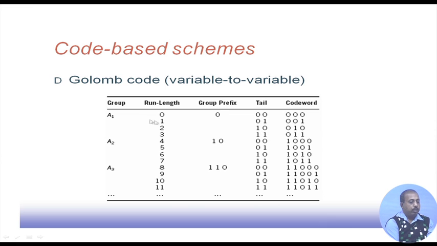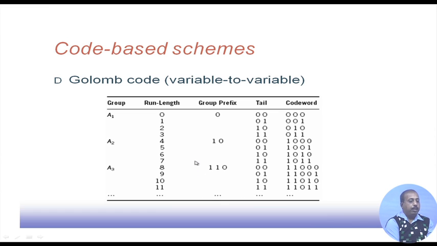So, the run length of 0 is finally coded as the group prefix followed by the tail: 000. Similarly, run length of 1 is coded as 001. Run length of 3 is coded as prefix 0 and tail 11, so 011. When you go for larger run lengths, you see there are lots of savings. When I have a run length of 11, the group prefix is 110 and the tail is 11, so these 5 bits are sufficient.